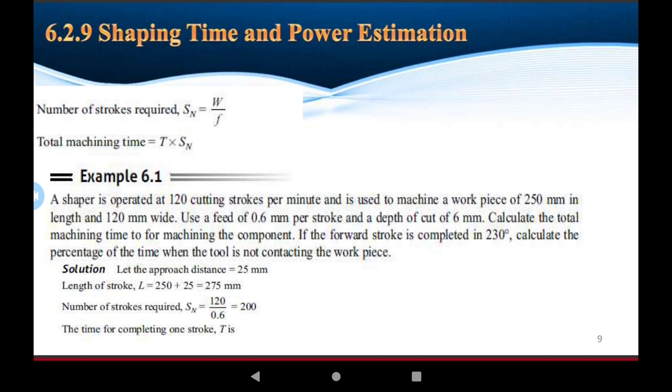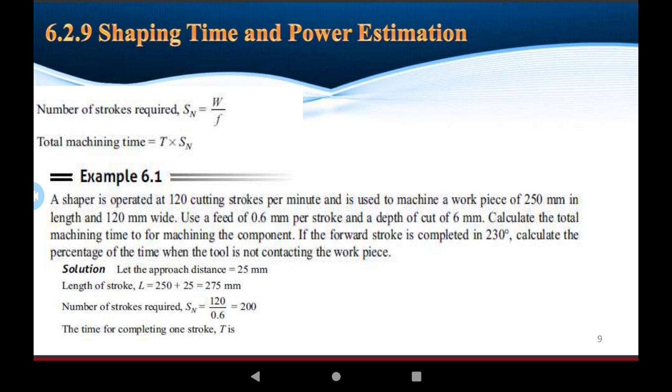Let us consider the 25 mm value to solve this problem. Total length of the stroke L equal to 250 mm plus 25 mm, so the total length of the stroke is 275 mm.